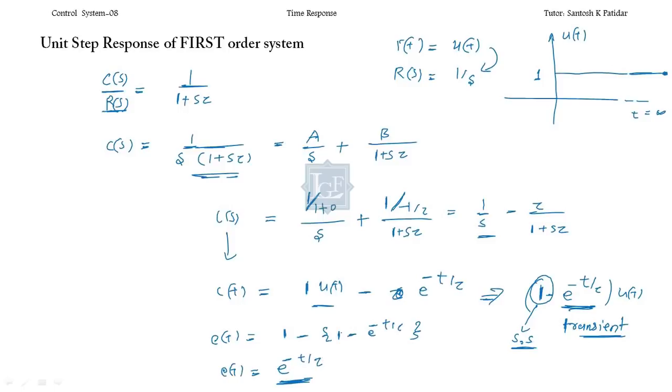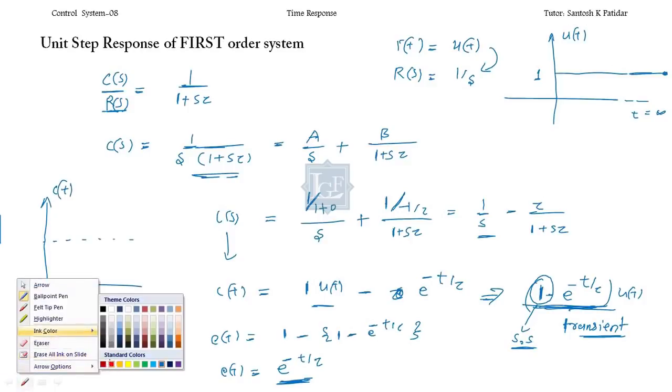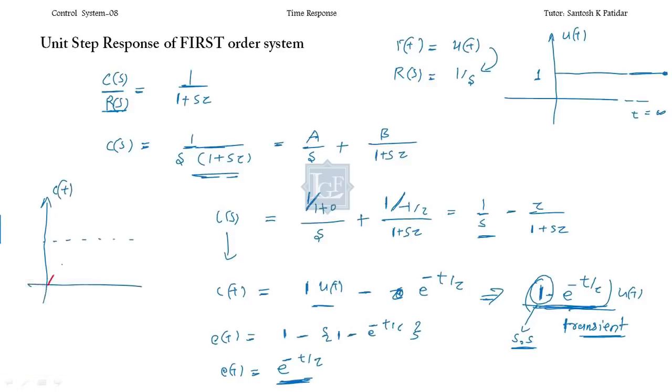Correct? And if you observe this, how will the response be? For this, I'm drawing the c(t). This is 1 minus e to the power minus t by tau. So this response will be like this.